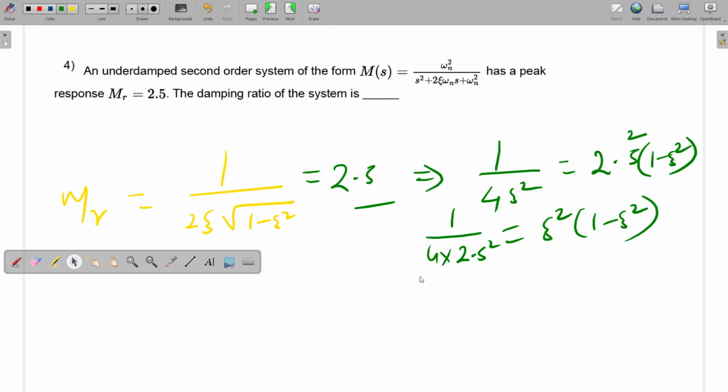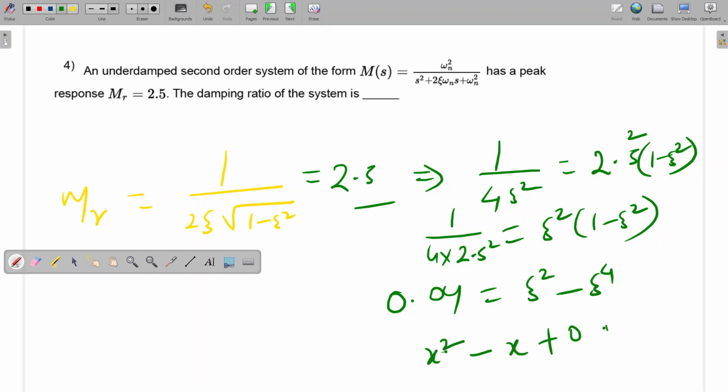So what will be this value? 1 by 4 into 2.5 square. 0.04 we are getting. So 0.04 is equal to zeta square minus zeta to the power 4. So zeta square we can count as x. So x square minus x plus 0.04 equals 0. Is it correct up to now?